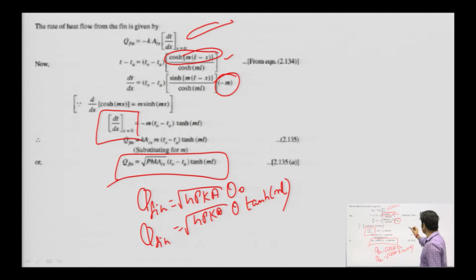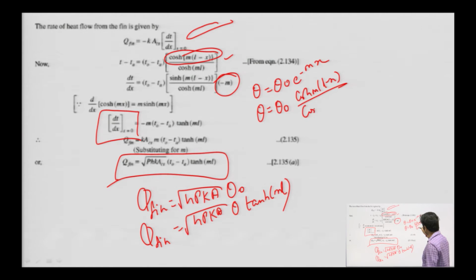We can also go for theta equals theta naught e to the power minus mx. This was there for the infinite length, and here it is theta equals theta naught cosh m(L minus x) divided by cosh mL. So I've just compared both of them.